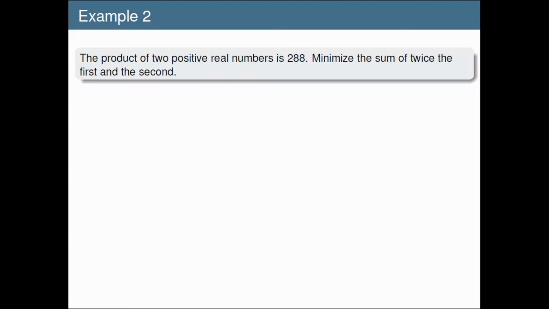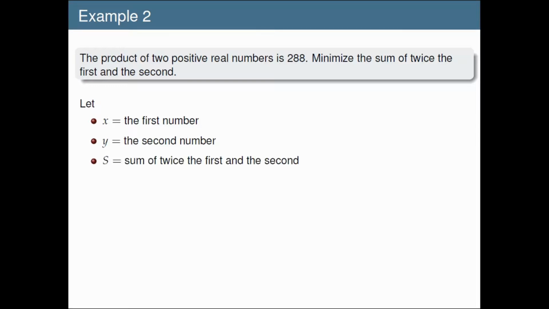Let's assign variables. Let x be the first number, y be the second number, and s be the sum of twice the first and the second. We now identify the quantity to be maximized or minimized. We want to minimize s.